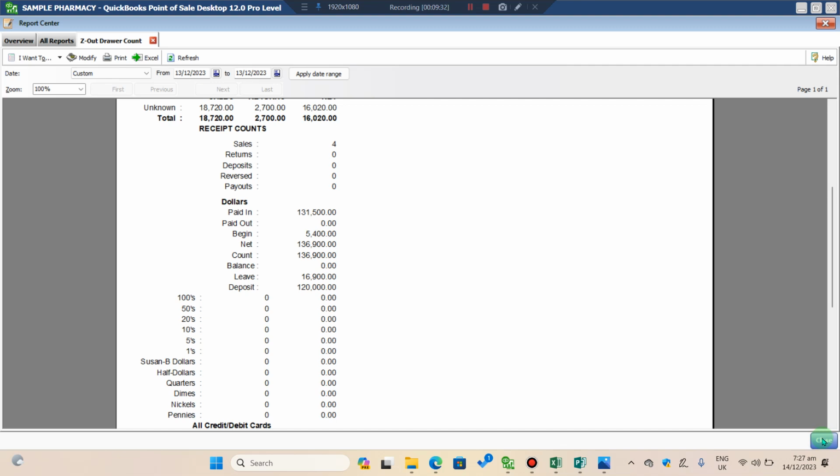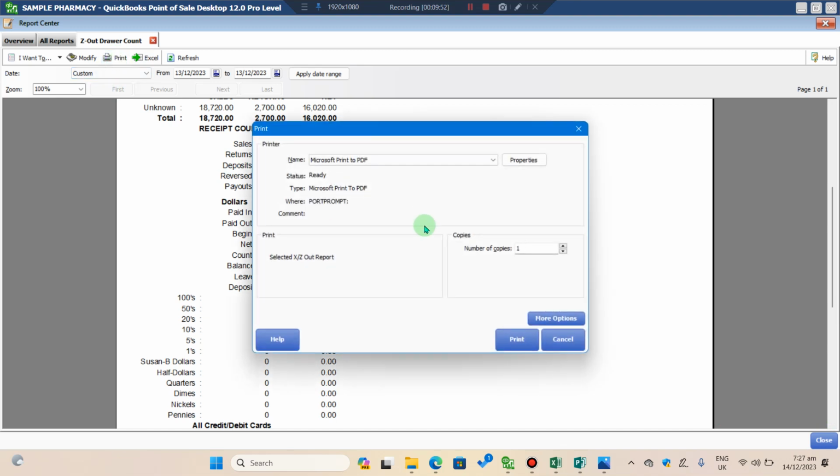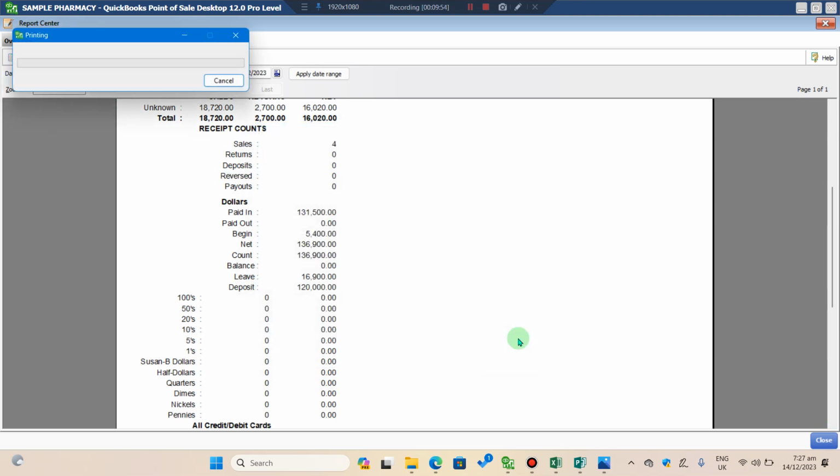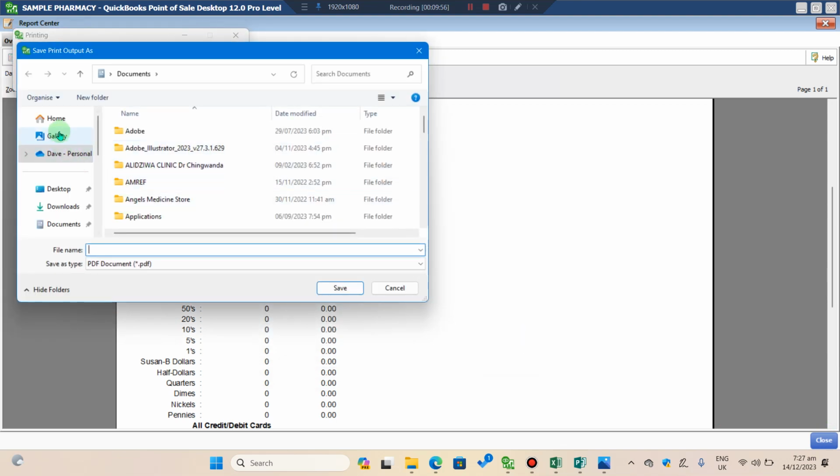I'll hit close. So actually here, for those of us amene ma printer, we are supposed to print this balancing receipt every day. Tikaipanga print and then tizapanga file. So you print it. This is the print option. Or you can keep them as my PDF. So for my sake, I can just keep them as a PDF. So I'll create a folder.